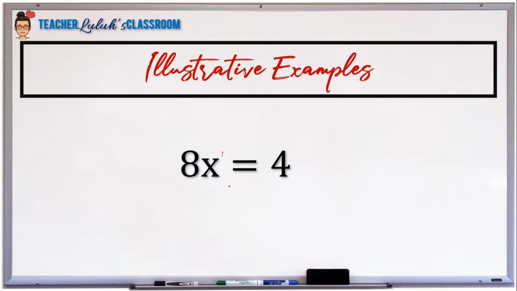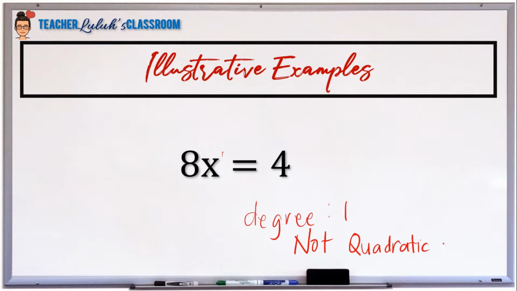So therefore, the highest exponent here, or the degree of the equation here, is 1, making it not a quadratic equation. So what do we call this? This is actually a linear equation because of the degree 1.